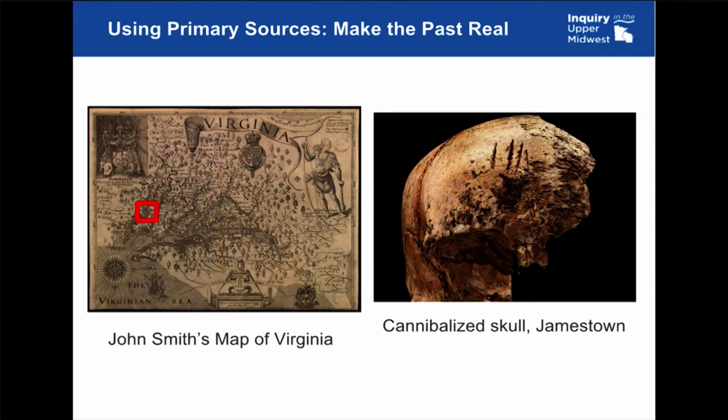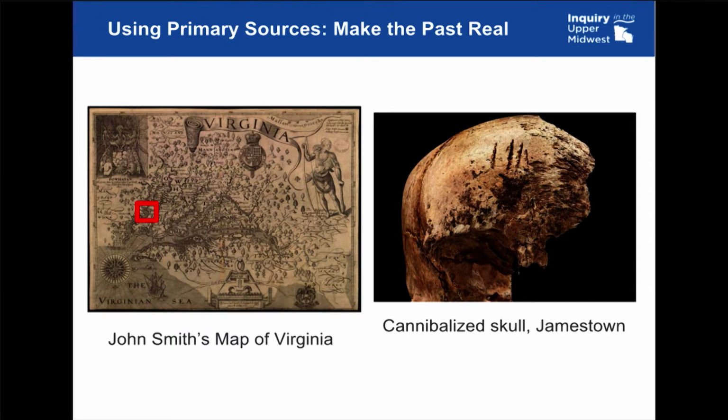But then we look at the other source, which is a skull found in Jamestown. Now, there's been talk for many, many years that there may have been cannibalism at Jamestown during the starving time, but there was never any real proof until 2012, when archaeologists at Jamestown, Virginia, were digging in the garbage for artifacts and information, and they found this skull and a few other human bones that showed evidence of cannibalism.